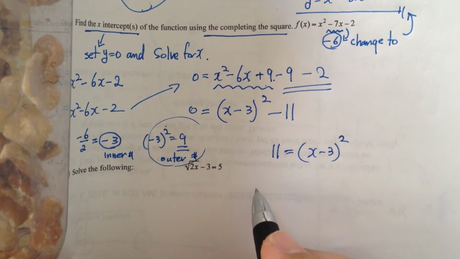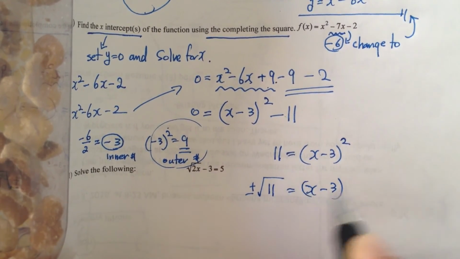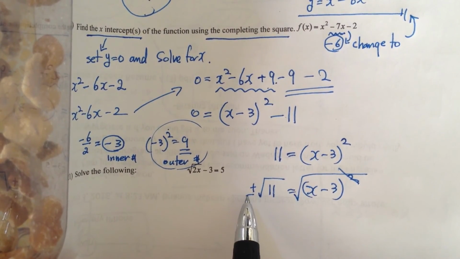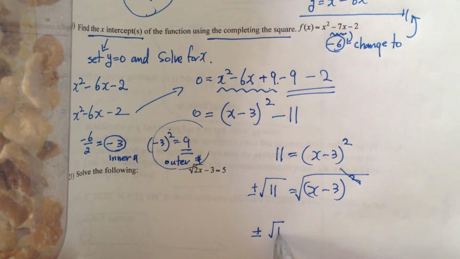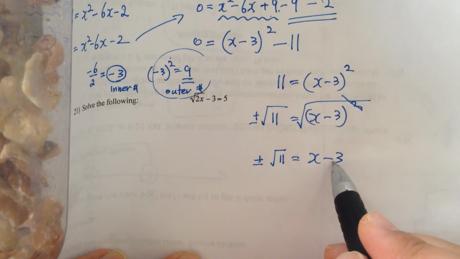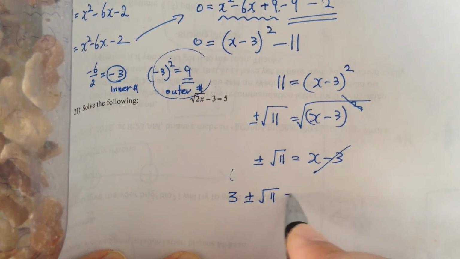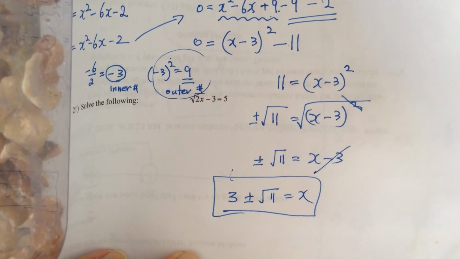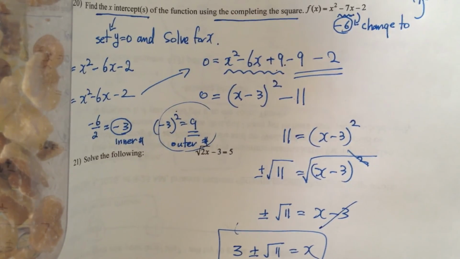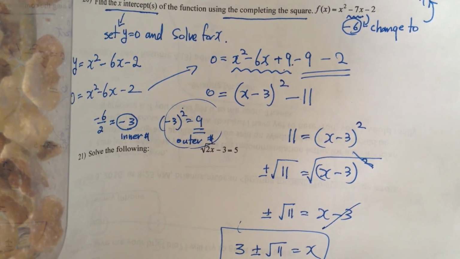But when you do, you have to make sure to put plus minus. And of course, last thing, -3 has to be on the other side. That's the x-intercept. Okay. Very important technique.